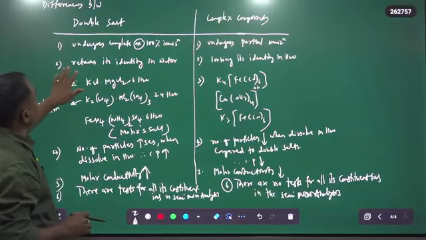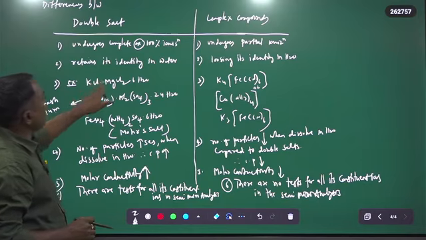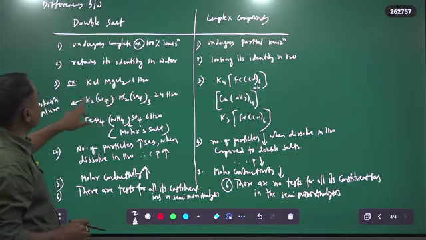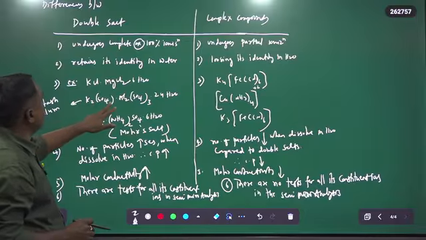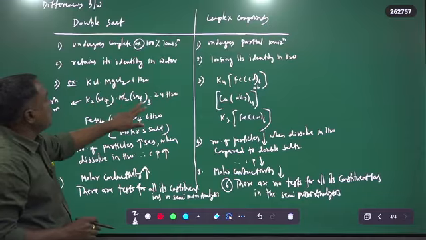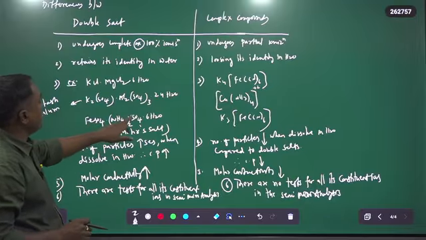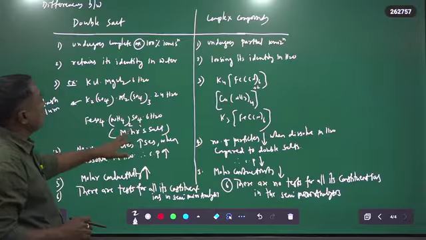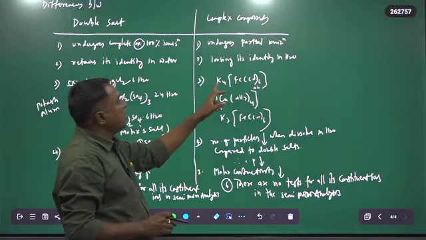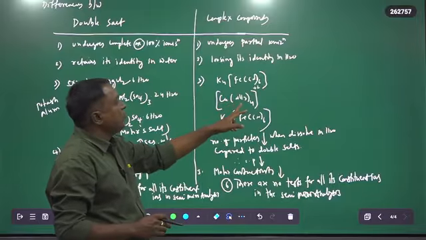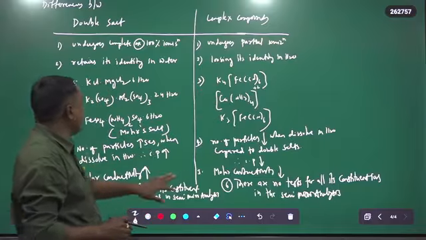Examples of double salts: carnallite, KCl·MgCl2·6H2O; potash alum, K2SO4·Al2(SO4)3·24H2O; and Mohr's salt, FeSO4·(NH4)2SO4·6H2O. Examples of complex compounds: K4[Fe(CN)6], [Cu(NH3)4]2+, K3[Fe(CN)6]. These are the complex compounds.